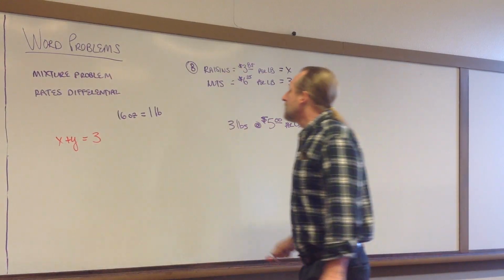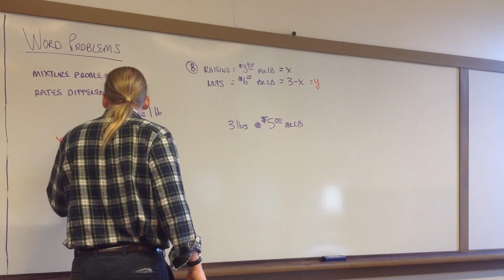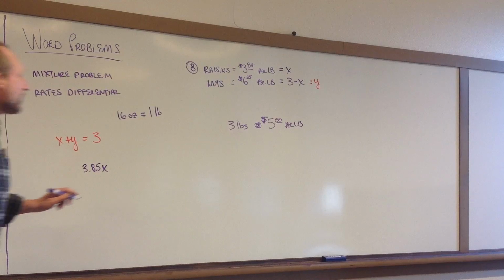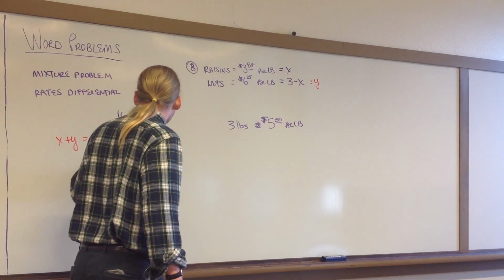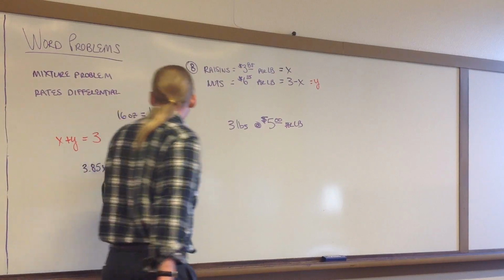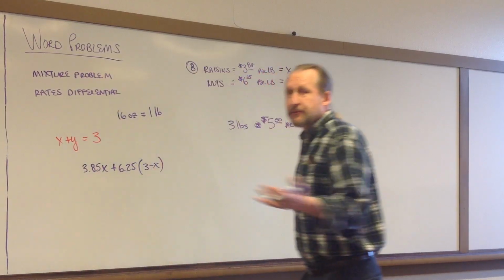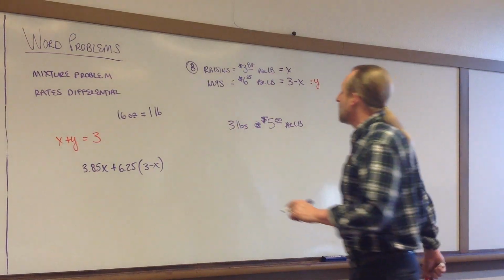So the raisins and nuts separately is going to be 3.85 times x plus $6.25 times, now you can use y here, but eventually we're going to replace that y with 3 minus x anyway, so I'm just going to put the 3 minus x in there.